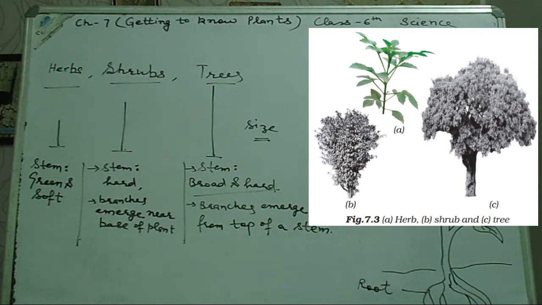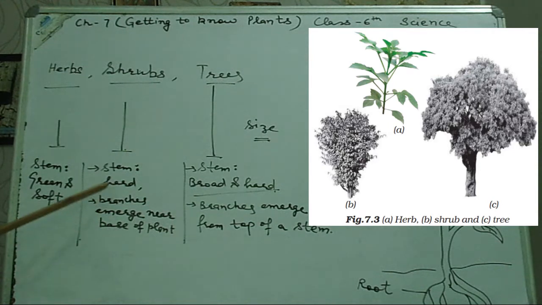Then, for a shrub, you have seen the lemon plant. That lemon plant is considered in the category of shrub because it is neither too small nor too long. It is in between the category of herbs and trees.